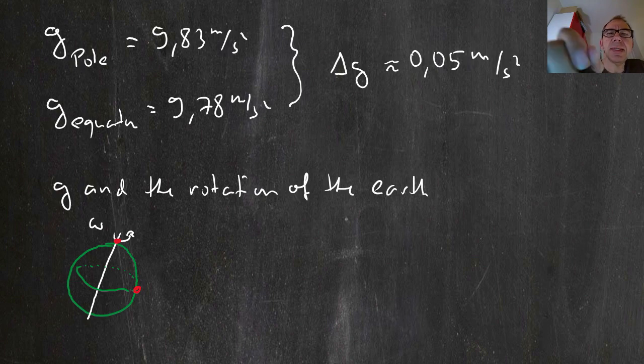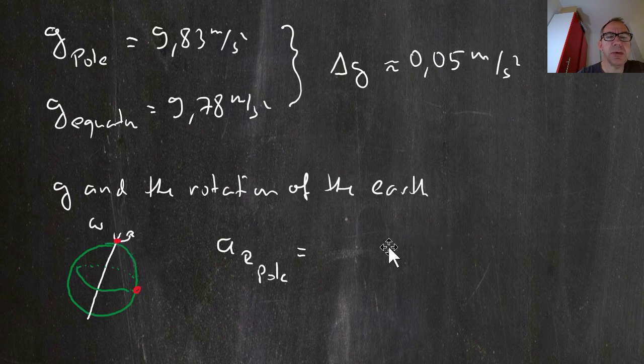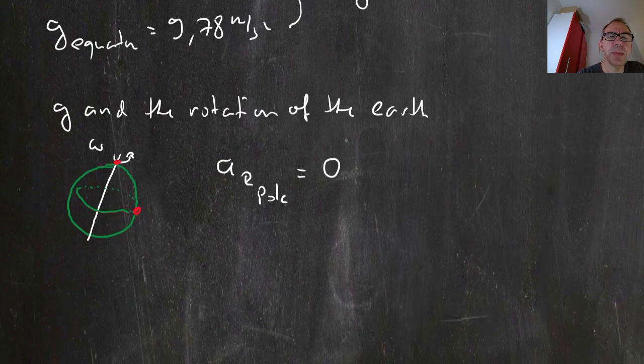Now let's have a look at the centripetal acceleration. First at the pole. Well, what is the radius that this top red point has from the axis of rotation? The answer is 0, and therefore the acceleration is simply 0. So no effect here on the pole.